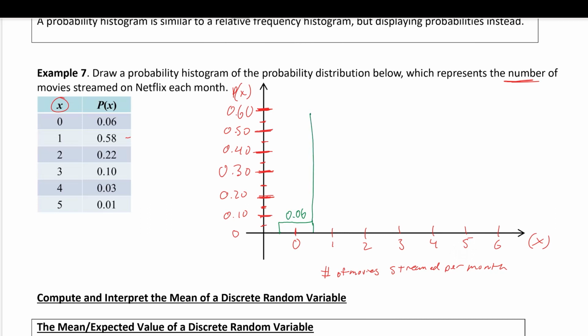So I'll say something like 0.58. For 2, 0.22, that's between 0.20 and 0.25, a little bit closer to 0.2.